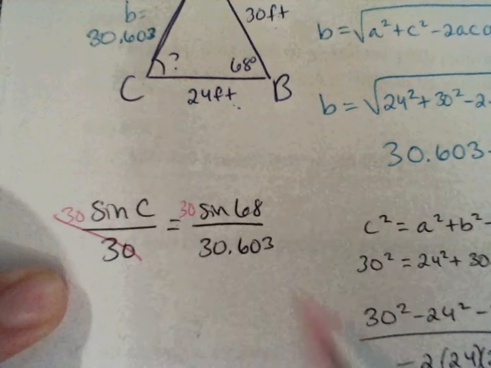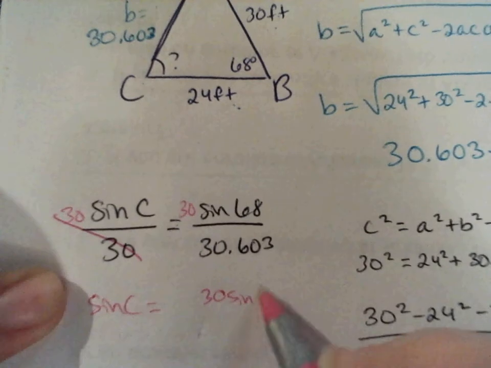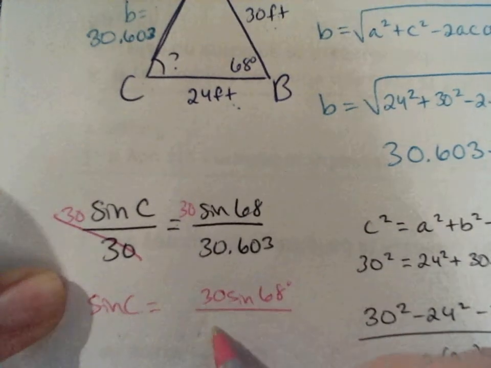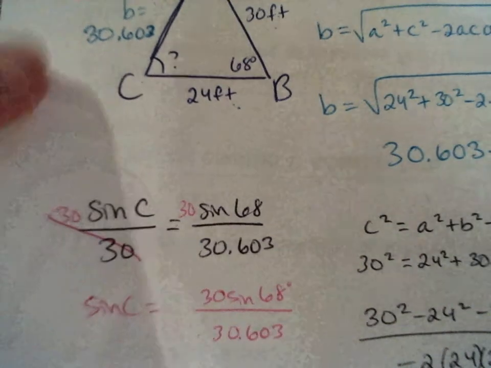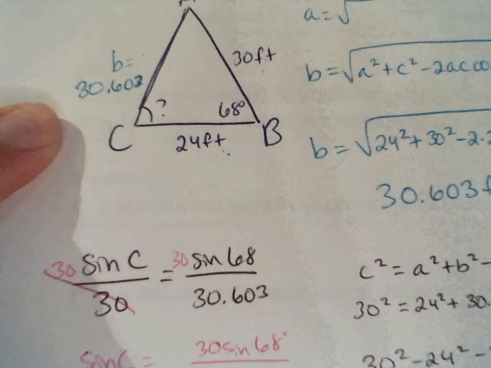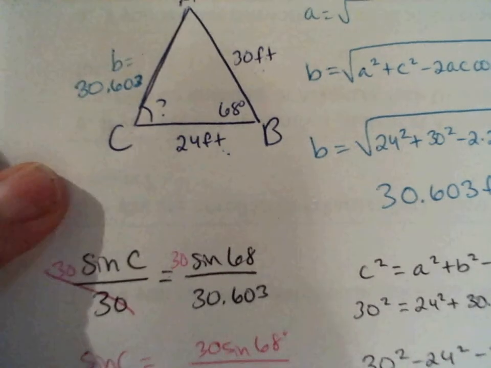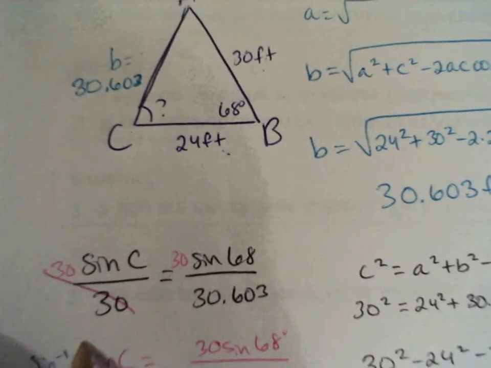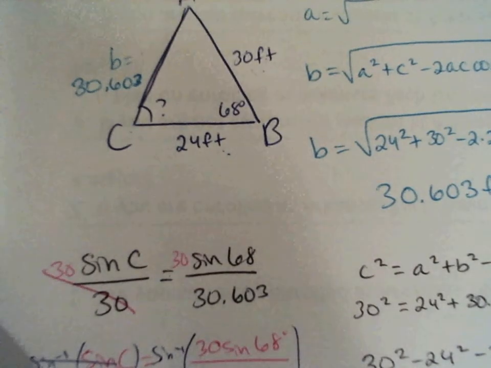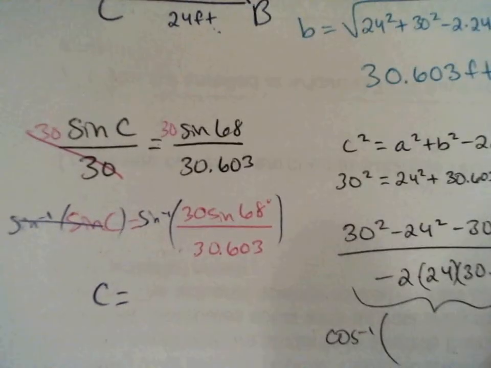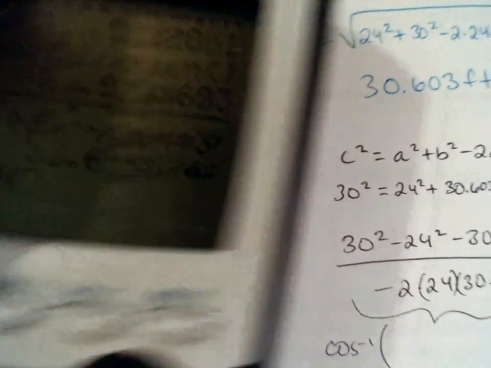In this process, I'm going to multiply by 30 on both sides. So I get sine of angle C equals 30 sine of 68 degrees divided by 30.603. Those are really close because it basically looks like an isosceles triangle. Okay, and then I'm going to take the sine inverse of both sides. Those two go away. C equals the sine inverse of all that.